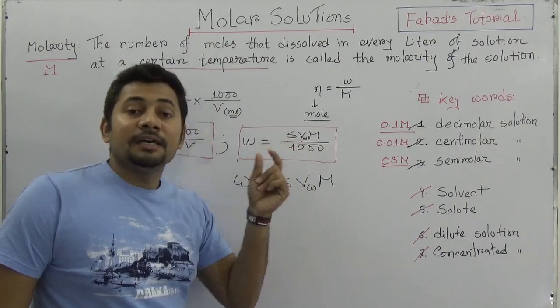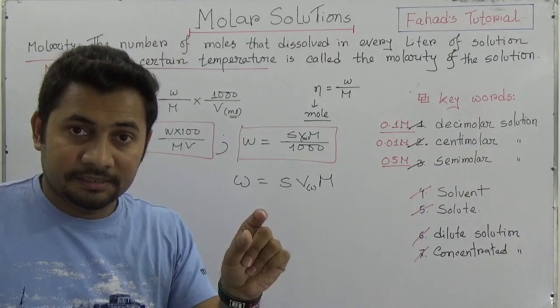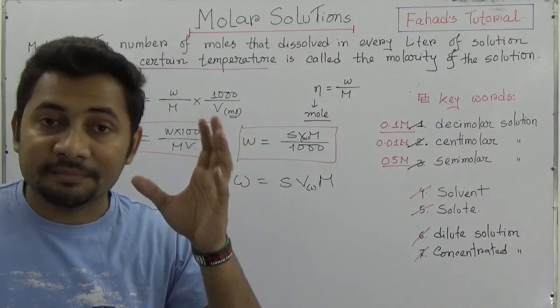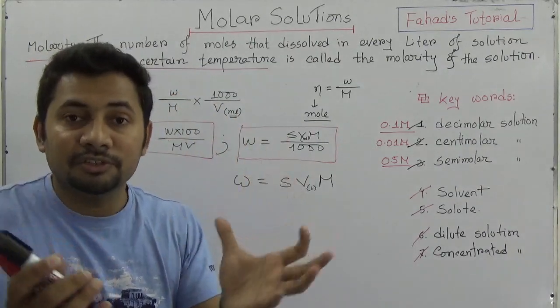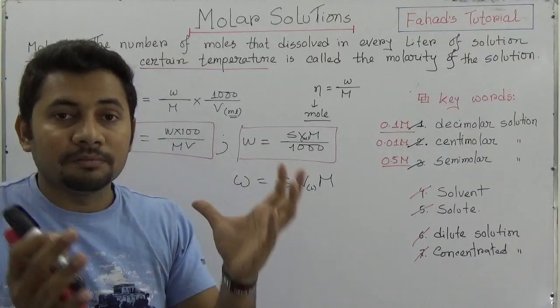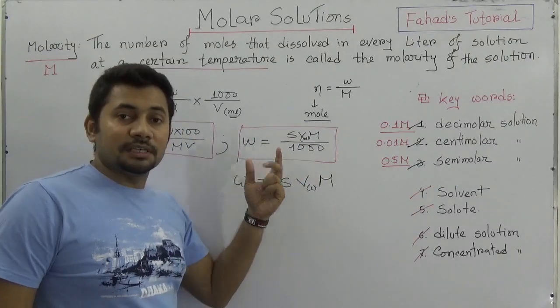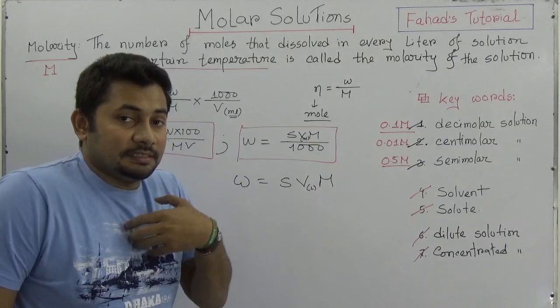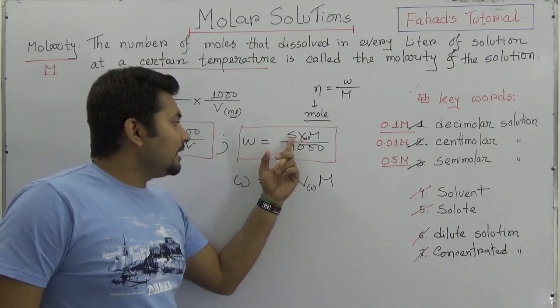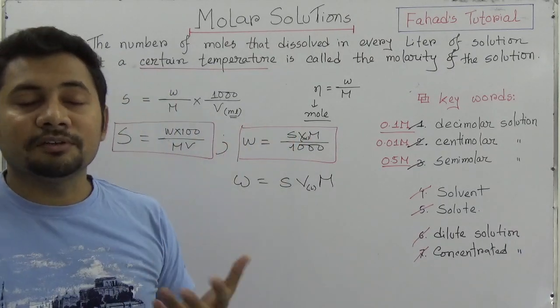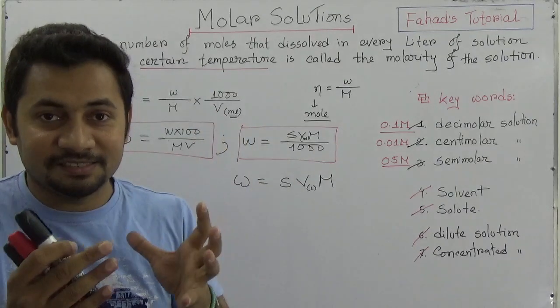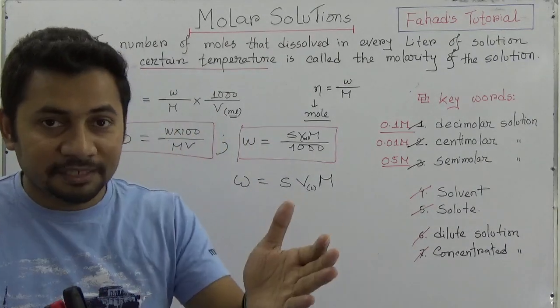So when we count in milliliter, think that you are in a chemistry lab, preparing solutions and working with this sort of solution. Then you feel something good inside, that this W, S, V, M gives you a practical feel. So first theory and then practical.